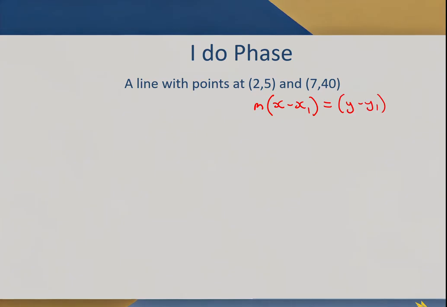I've just kept it in brackets because, if you think about it, it comes from the gradient formula. So now I'm just going to first work out my gradient on one side. I will label these x1, y1, x2, y2.